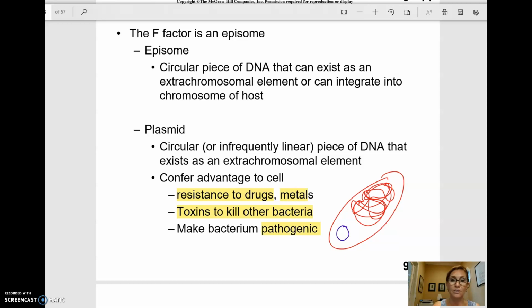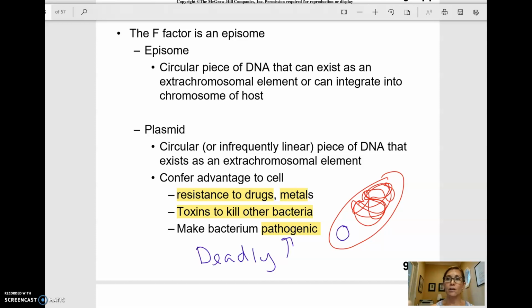Pathogenic means deadly. Okay? So what you're dealing with is a plasmid, a small piece of DNA that carries a few genes that make the cell extremely dangerous to other organisms.